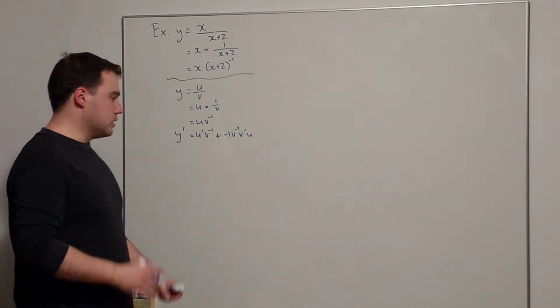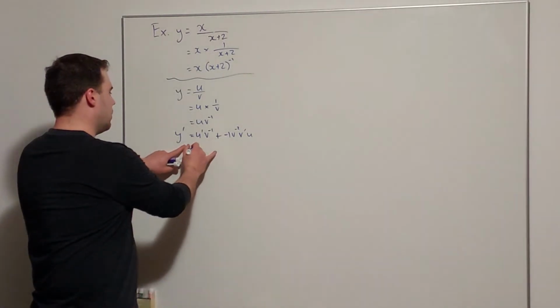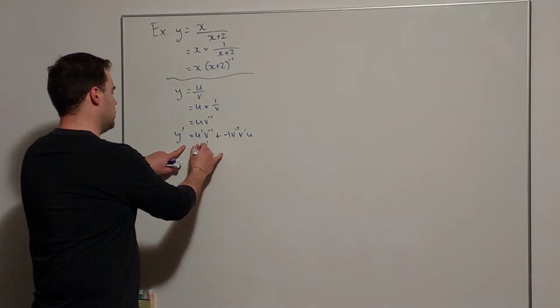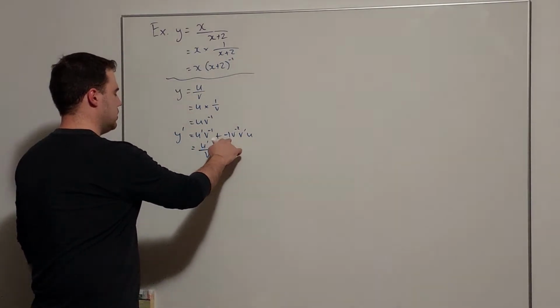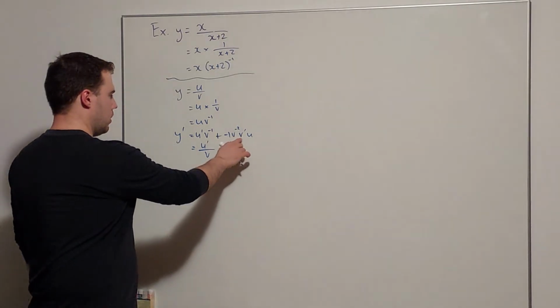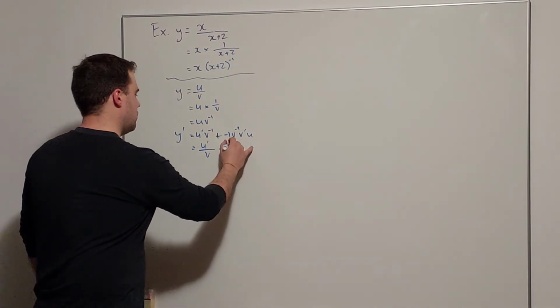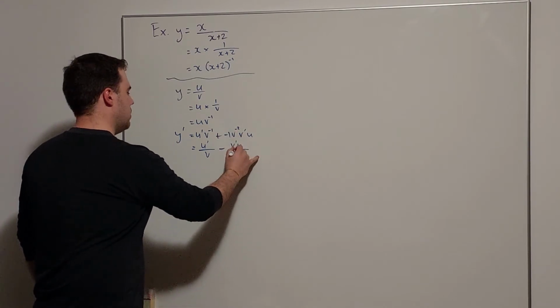Okay, so now we can just fiddle around with this to make it a little bit cleaner. This is u dash over v, plus a negative is going to be minus, then we've got v dash u over v squared.